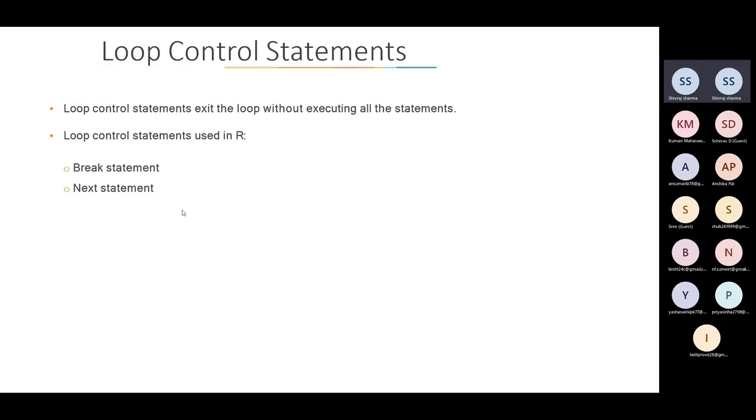That's why there must be some control statements that control the loop and tell the loop where to exit. Okay. So here two options are available to us. One is break and the other is the next statement. Okay. Let's see what these two things do.